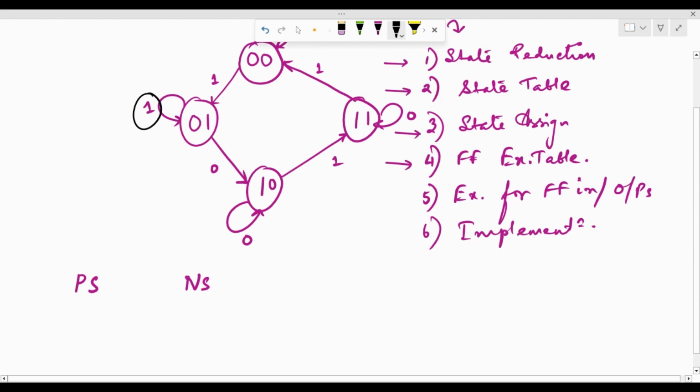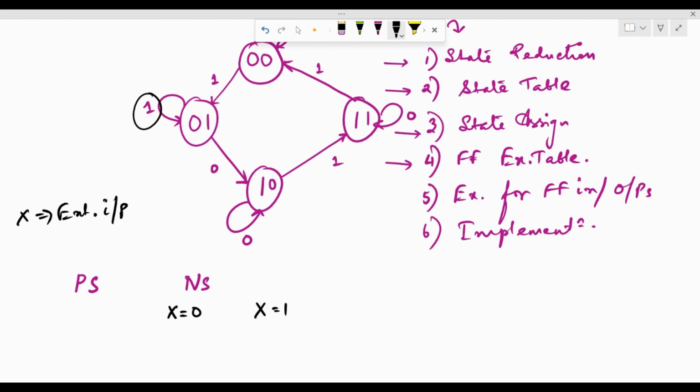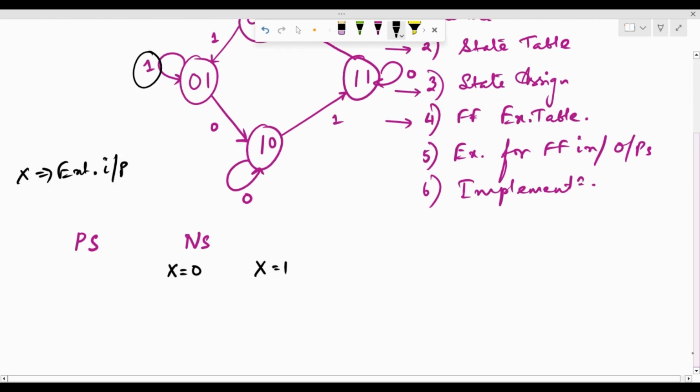So there is one external variable, and let me call that x. So x is my external input. The next state would depend on two things: x is equal to 0 and x is equal to 1. The present state is represented using 2 bits. Let me call them A and B.